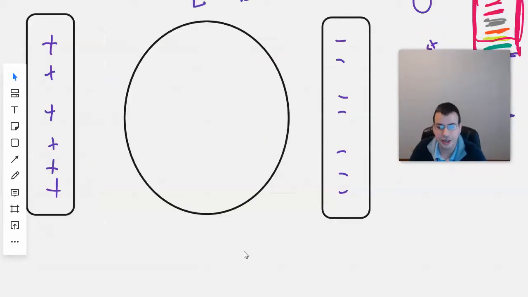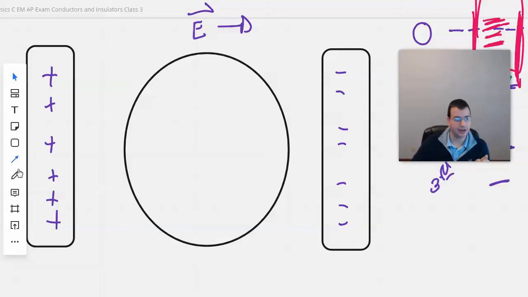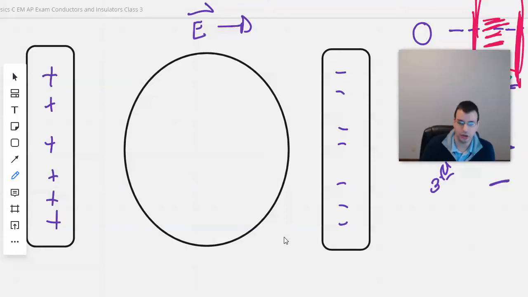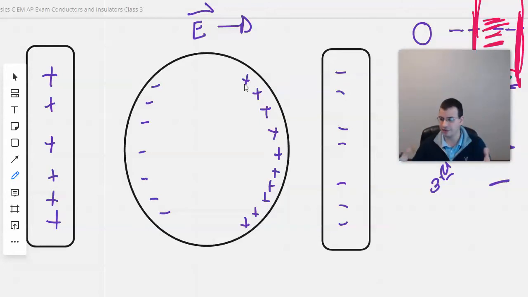So if this is a conductor, what would happen then is the charges within would rearrange themselves to create an electric field that would counteract the external electric field. So we'd have something like this. Now, even if it does have a net charge, they just rearrange themselves in a less obviously symmetrical method.